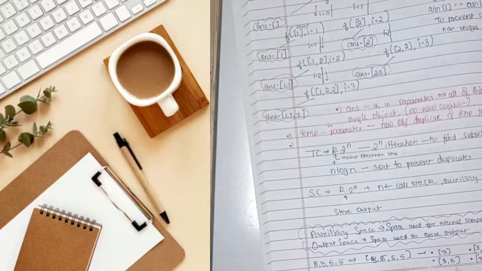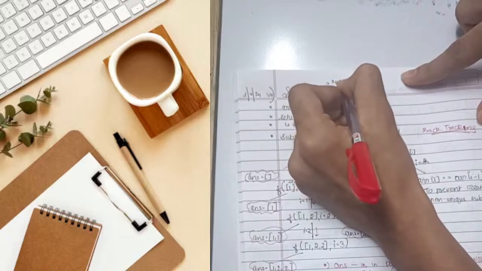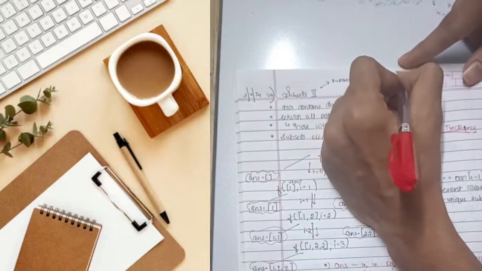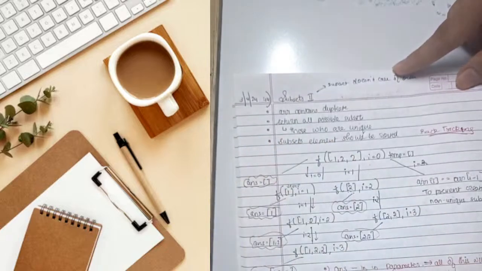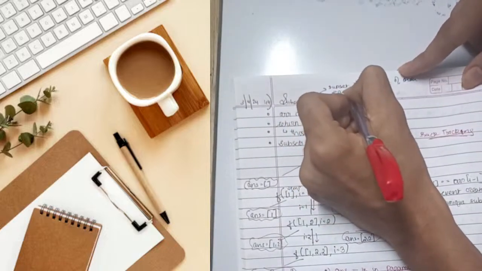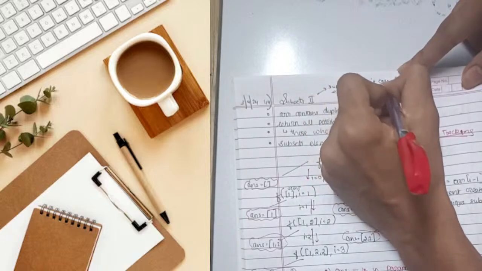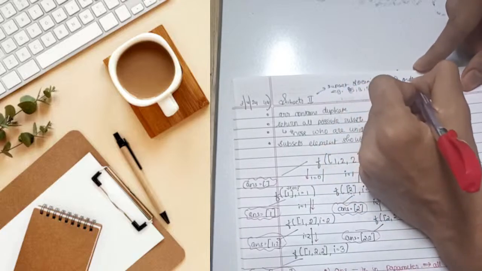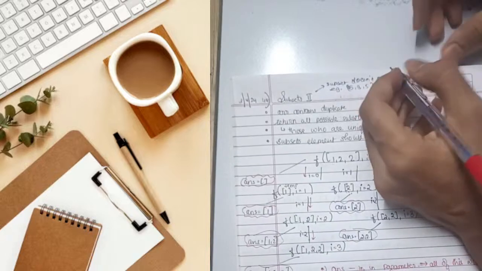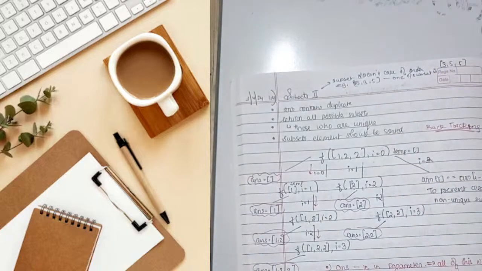So the order doesn't matter. For example, 5 3 5. One of the subsets is, what is one of the subsets? 3 5 5. So we can do this.